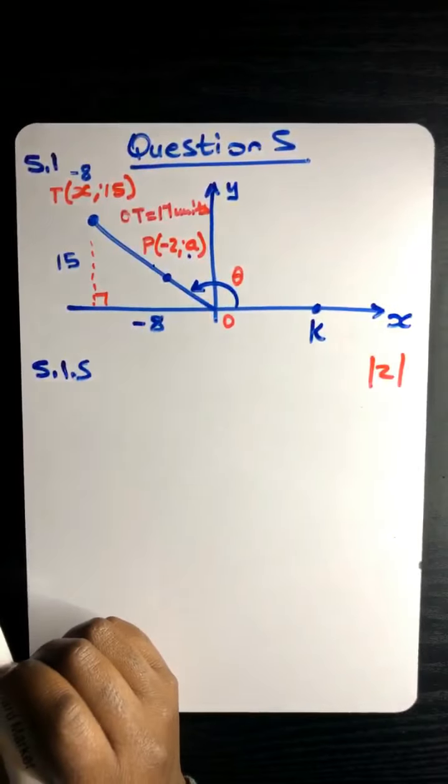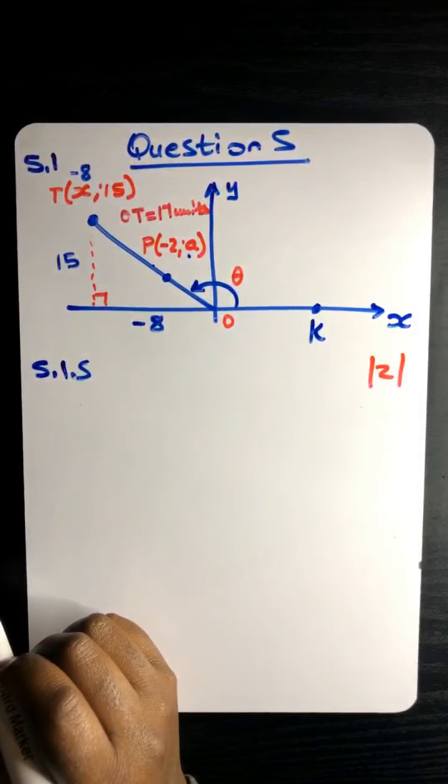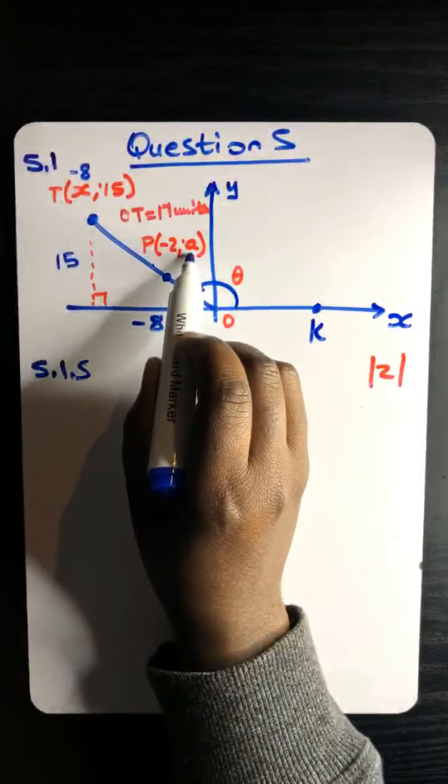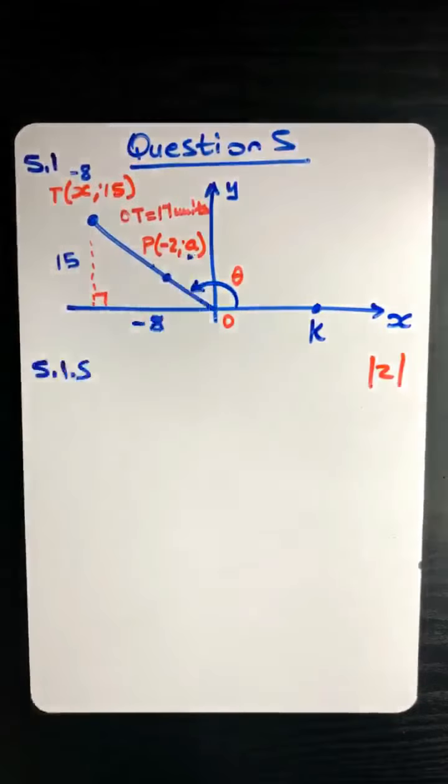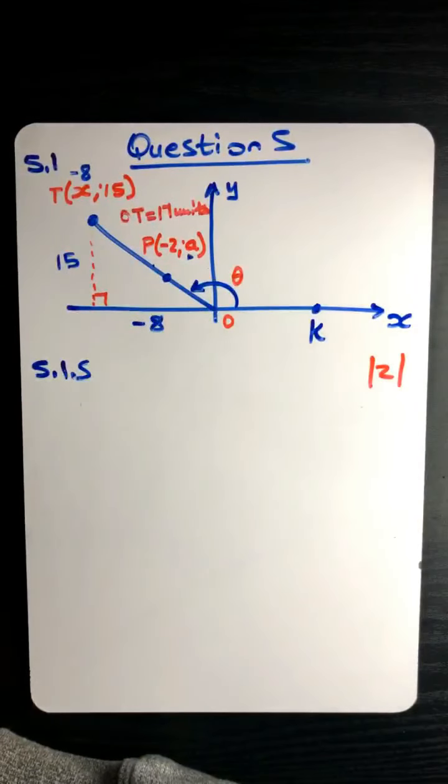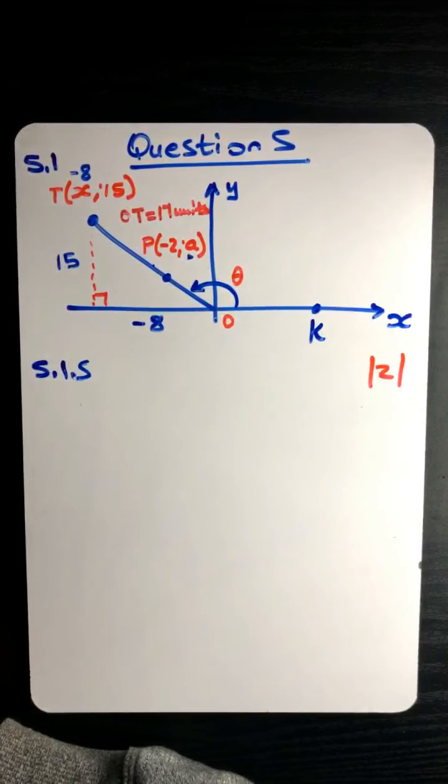Okay, so now, how can we find that value? Good people, how can we find that value? I'm not sure, sir, but I think you're going to use the Theorem of Pythagoras. Okay, let's go for it.